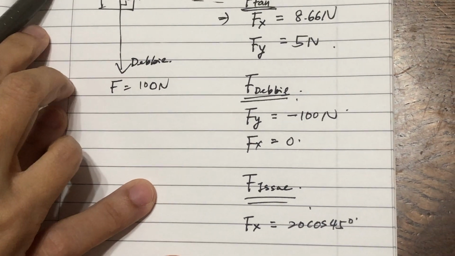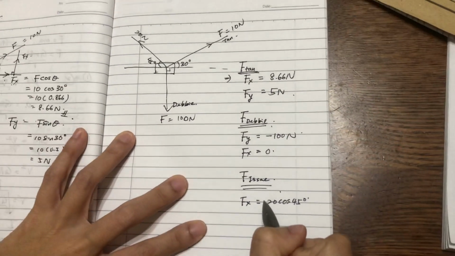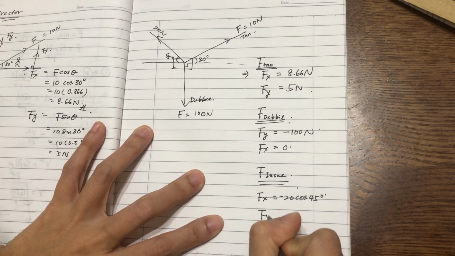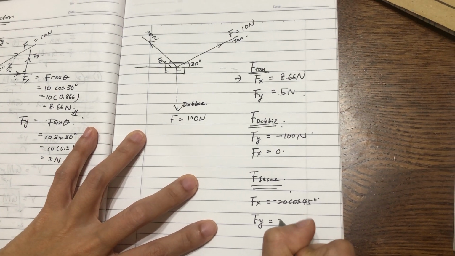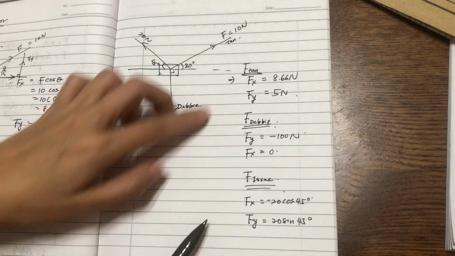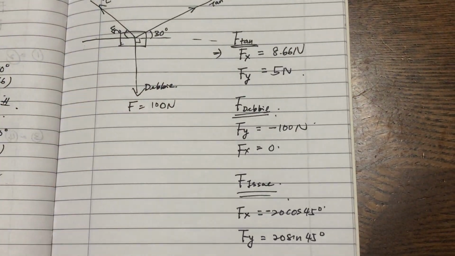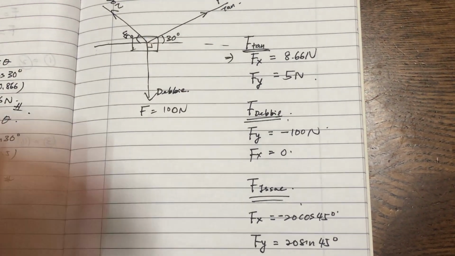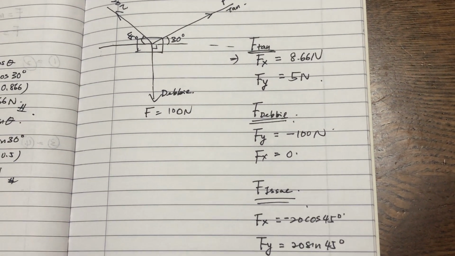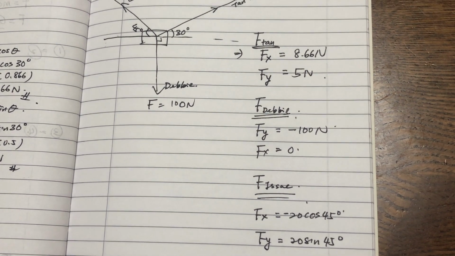And then opposite is the y component, but this one is on the negative side, so we have to put negative. So Fy will be 20 sin 45. This is all the force that we make into x and y components. So we have to put all the x together and all the y together. From there, we can estimate where the resultant force is.